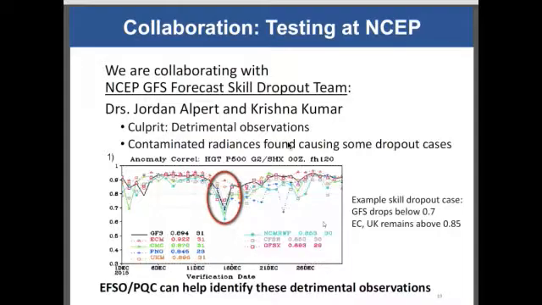We want to mention that we're collaborating with the forecast skill dropout team, with Jordan and Krishna. They found that some GFS forecast dropout cases are due to detrimental observations, and that some of the detrimental observations are contaminated radiances. So we think that EFSO or PQC can help identify these contaminated radiances or detrimental observations that cause the dropout cases.